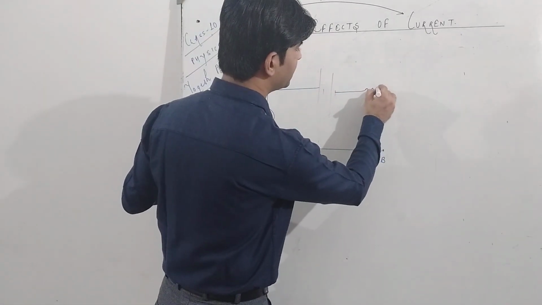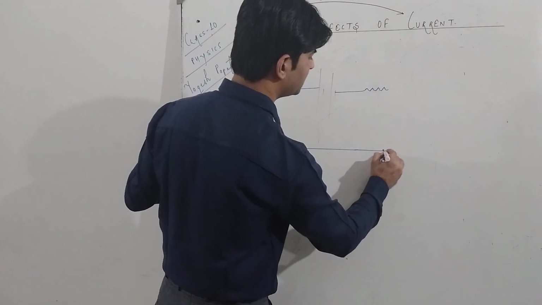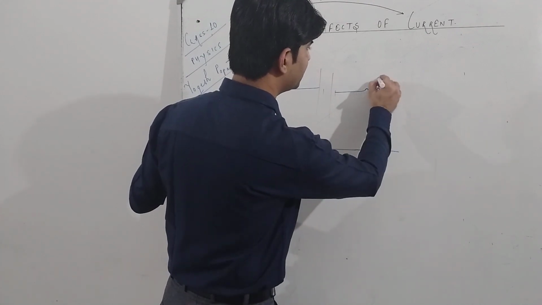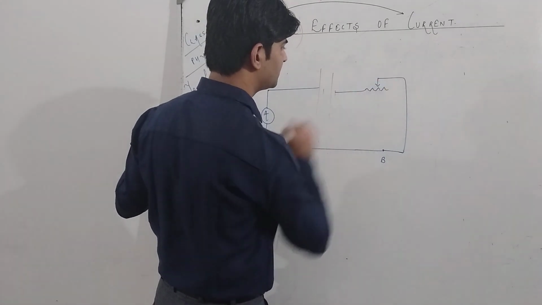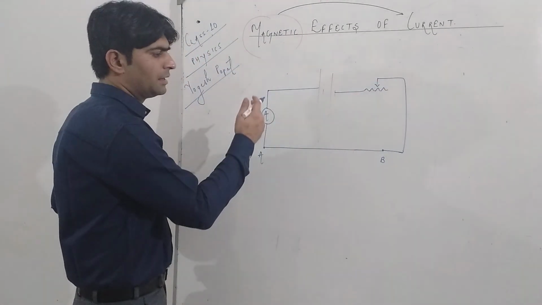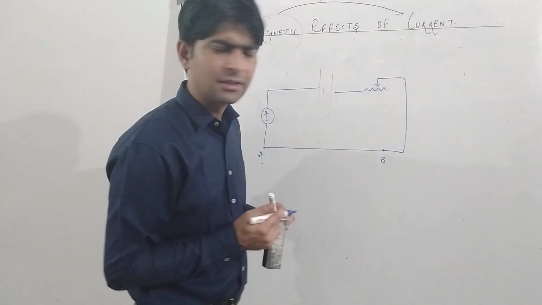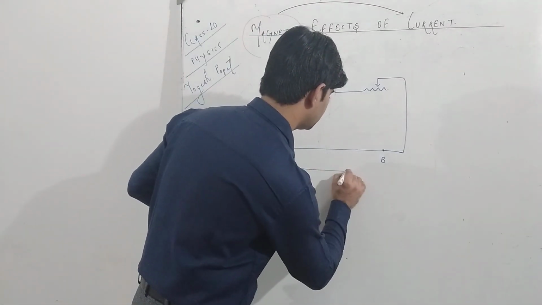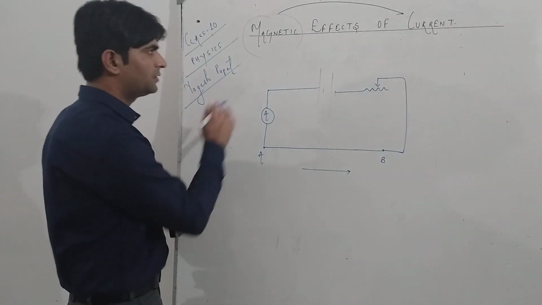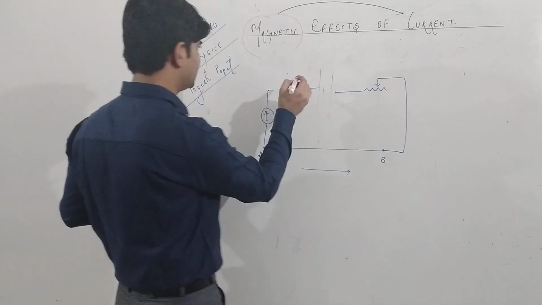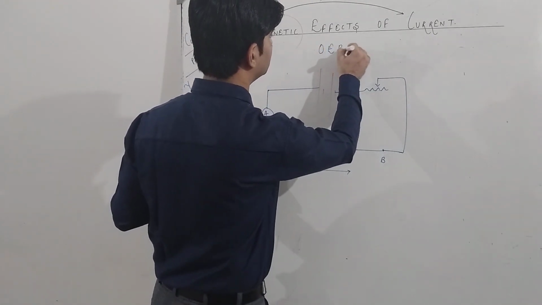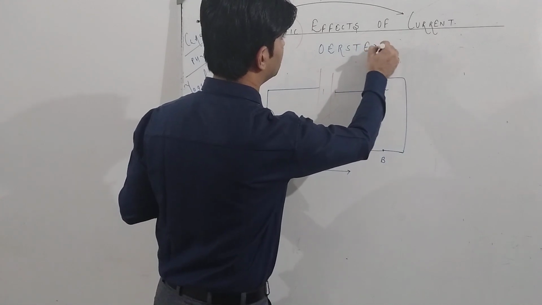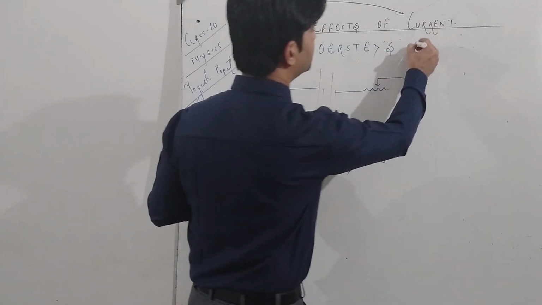Here you can connect a rheostat, which is not strictly necessary, but it lets you change the value of current so that you will be able to see different deflections in the magnetic needle. This is the arrangement of the circuit, and this experiment is called Oersted's experiment.